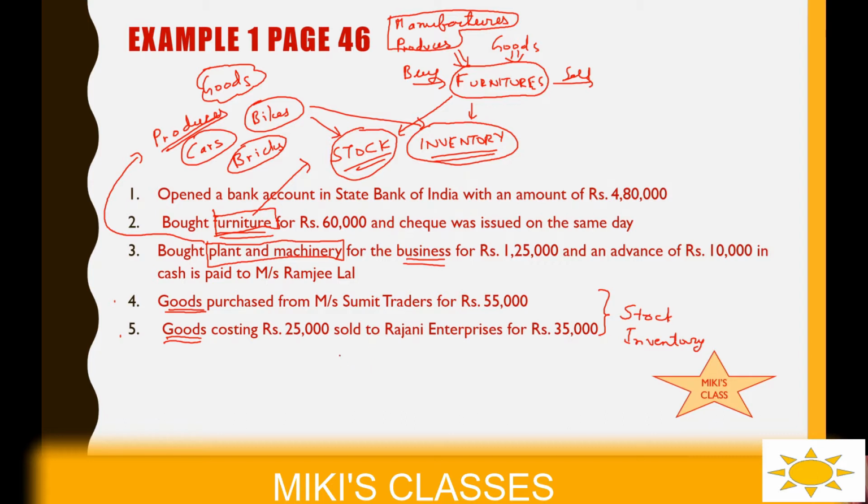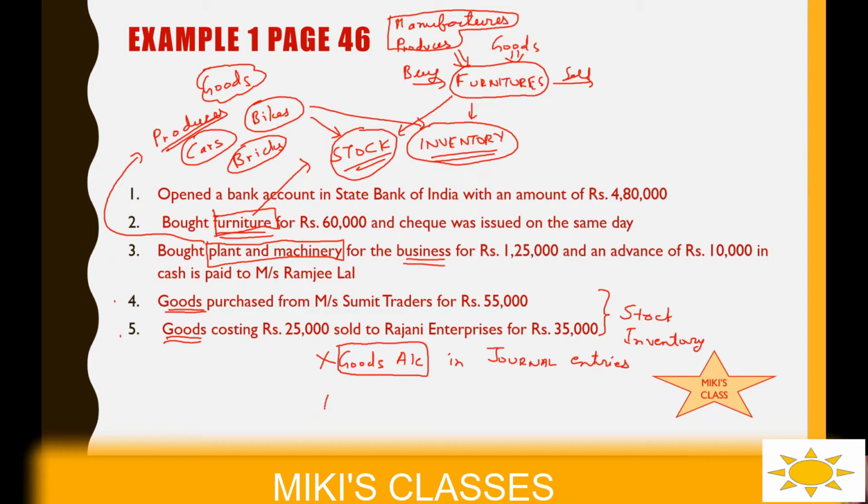Now, when you're talking about goods, we do not use goods account in journal entries. Which means in recording transactions, we do not use the name goods account. What do we use?